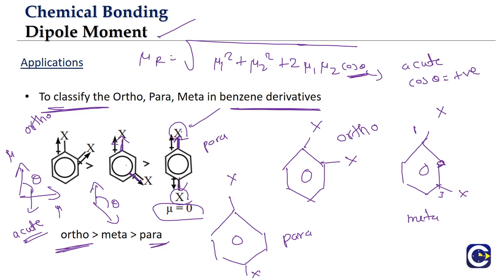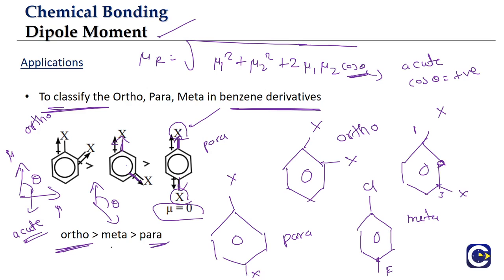If both these are X and X, sometimes what can happen is you can have one group attached to benzene as, say for example, chlorine, and another group can be fluorine. If both are chlorines, they will exactly cancel. If one is chlorine and one is fluorine, they will cancel only to some extent.